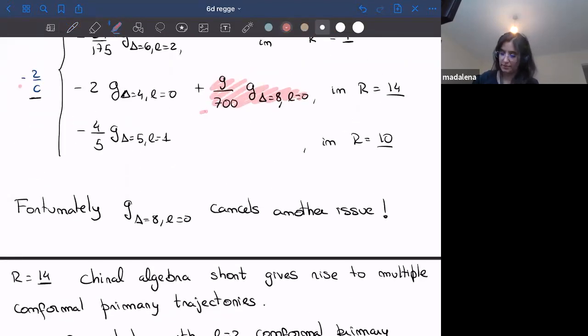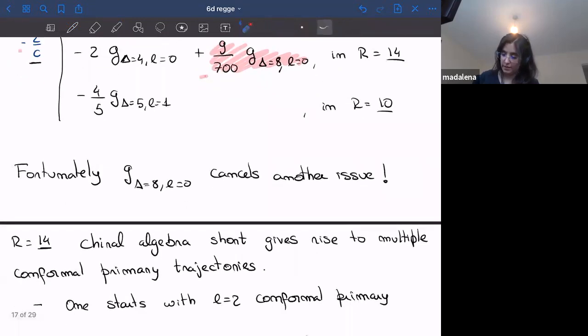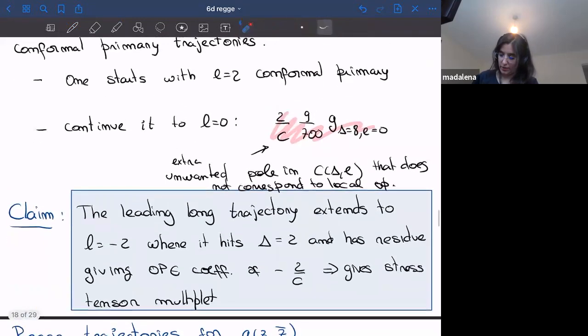It has the right sign. So then our claim is that the leading long trajectory actually extends to L equals -2, where it is, maybe I should say, the light transform of a local operator, and it's the light transform of the stress tensor supermultiplet.